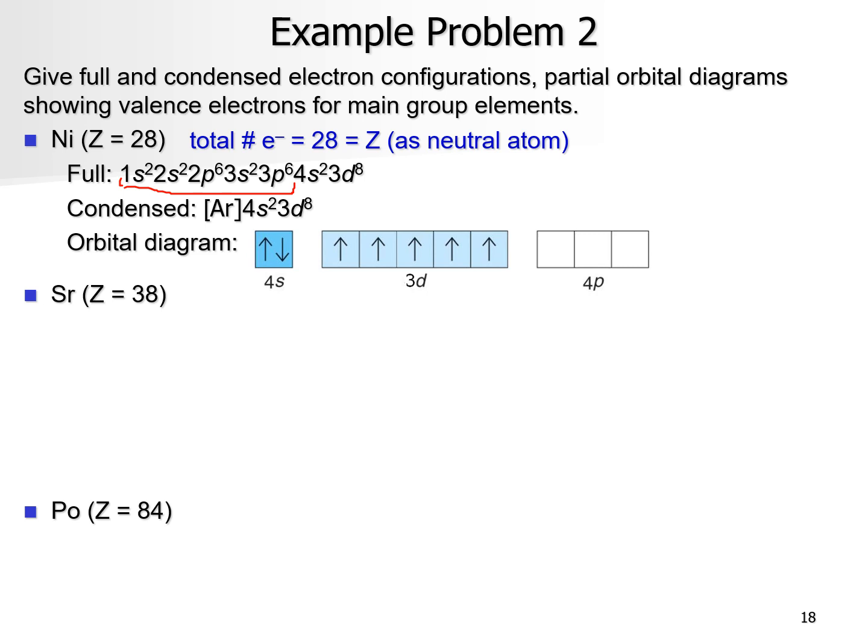I just want to point that out. The 3 more electrons will pair up, so we have 3 paired orbitals with 2 lone electrons left. That is the partial orbital diagram for nickel.